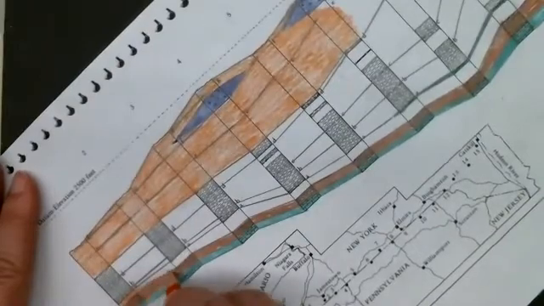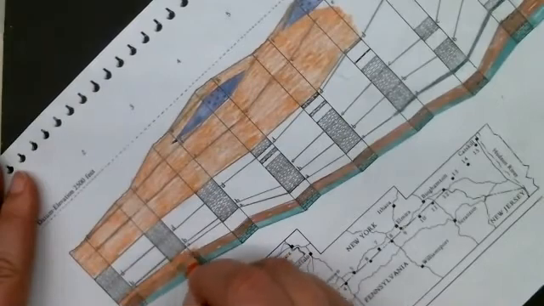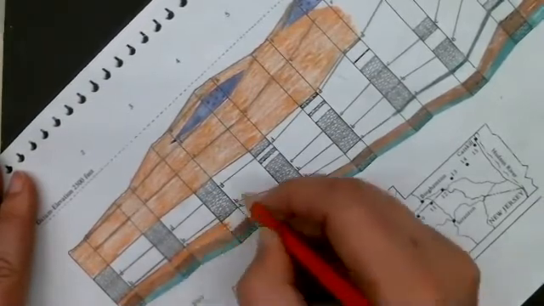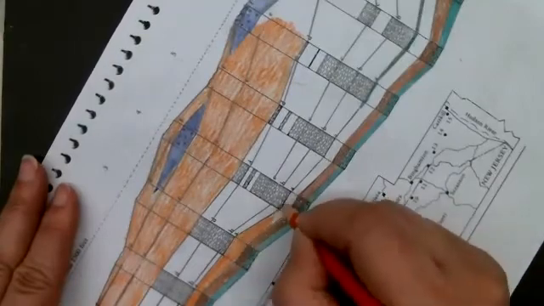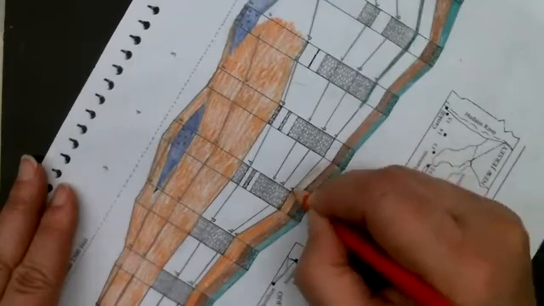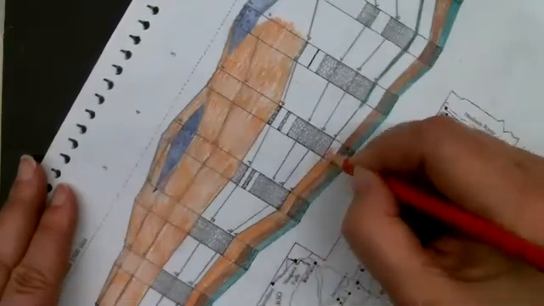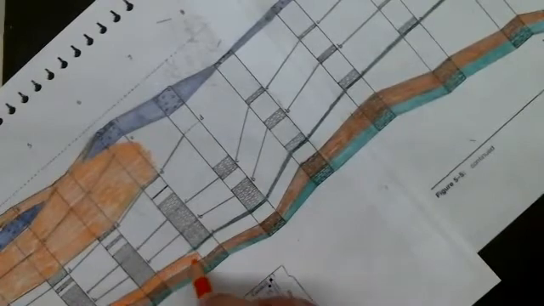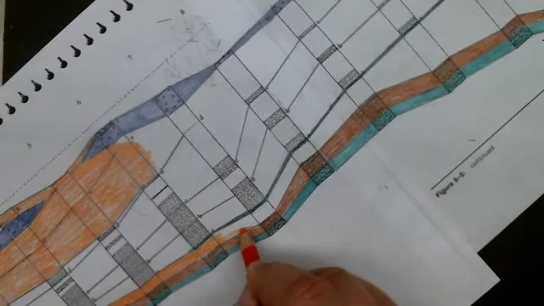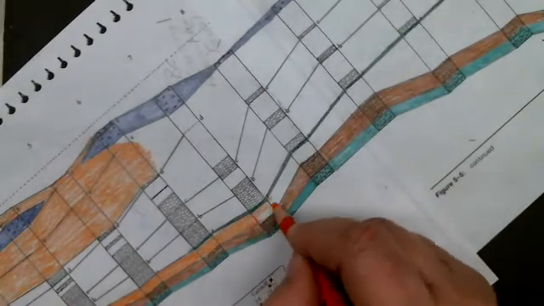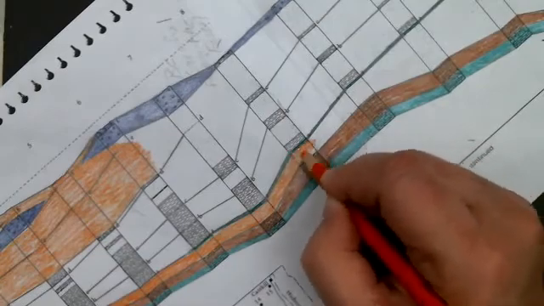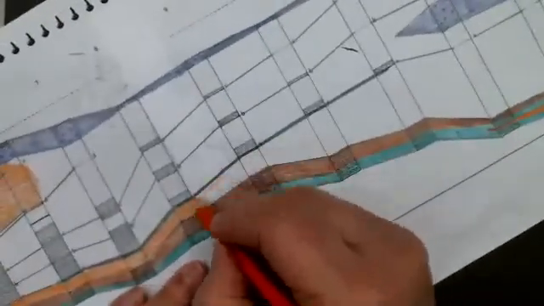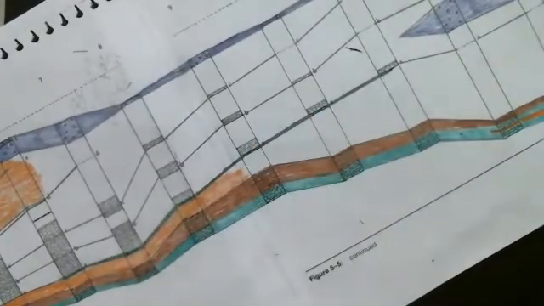Sandstone here. Sharpen my pencil again.